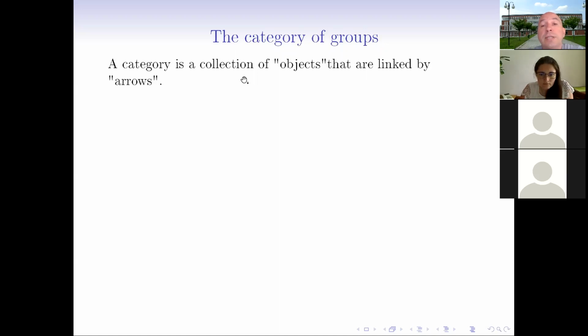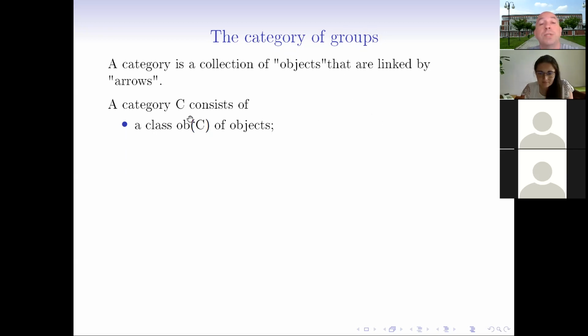So a category is a collection of objects that are linked by some arrows. To be more precise, a category C consists of a class of objects, which are denoted as ob C. You can visualize this if the category consists of a finite or discrete, or at least visualizable, set of objects, not a class.